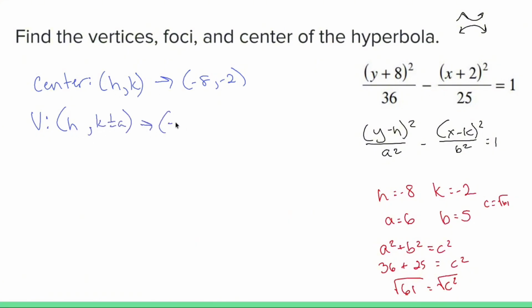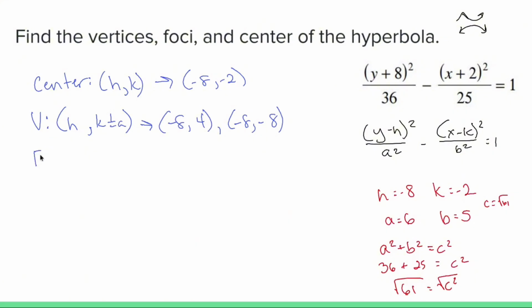So h is -8, k is -2, so we'll do -2 plus 6 is 4, -8. And then -2 minus 6 is -8, again -8. Okay, so those are our vertices.